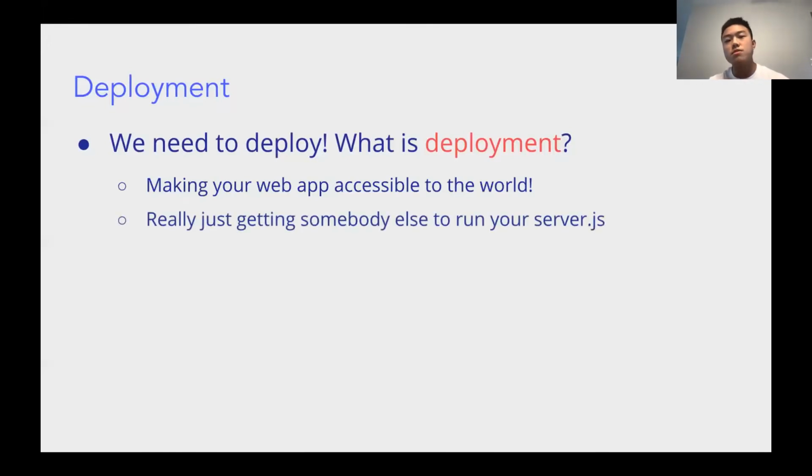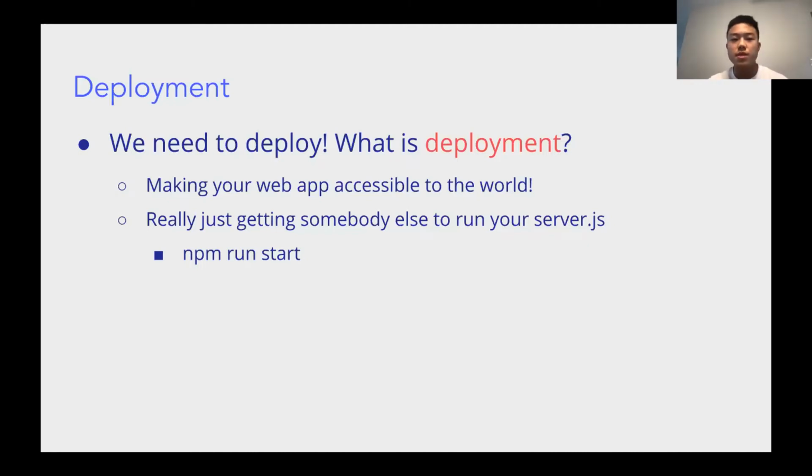And really what deploying is, conceptually at a high level, is we're just getting some other process to run our server.js. So basically, you can think of it as there's this machine out there somewhere that's running server.js. It's doing npm run start. It would be nice if we could just npm run start on our computer and have it running.